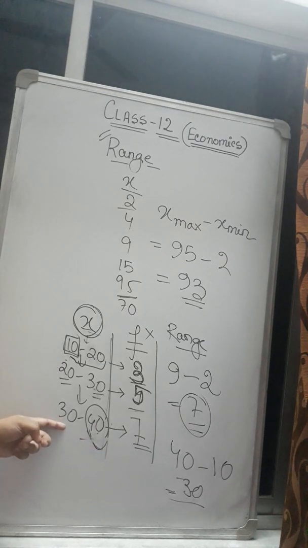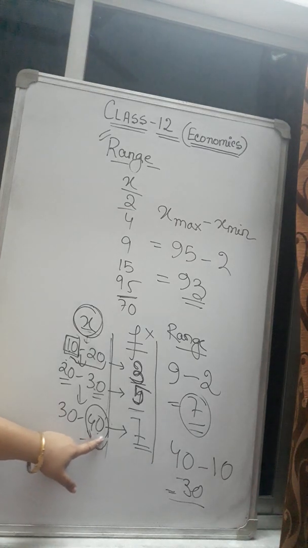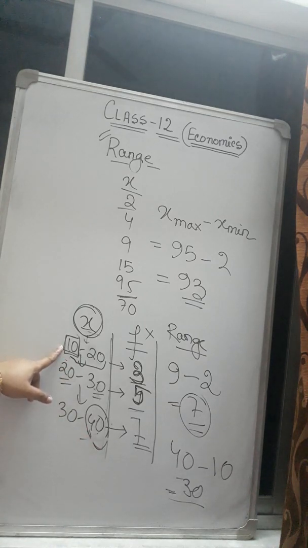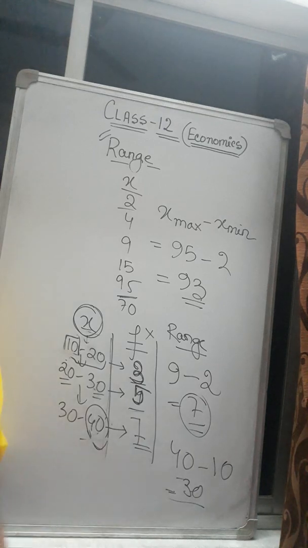This is the lowest class boundary. So this class starts from 30 and the highest class boundary is 40. The upper limit is 40. So we take the upper limit of the highest class minus the lower class boundary of the lowest class. So that is the method of obtaining it.